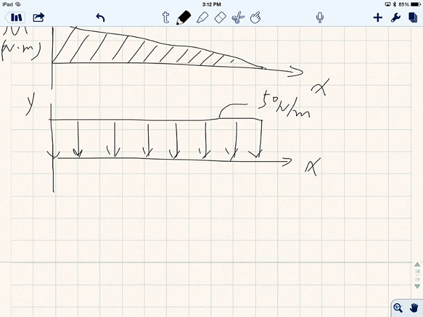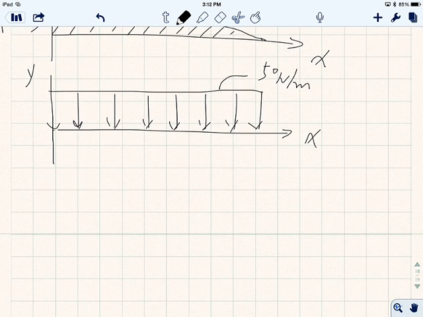Okay, now again, if you take the reaction force over here off, you will end up with one reaction force going upwards, Ro prime, and at the same time, you have a bending moment, Mo prime, which compensates for the bending moment caused by this force over here, right?